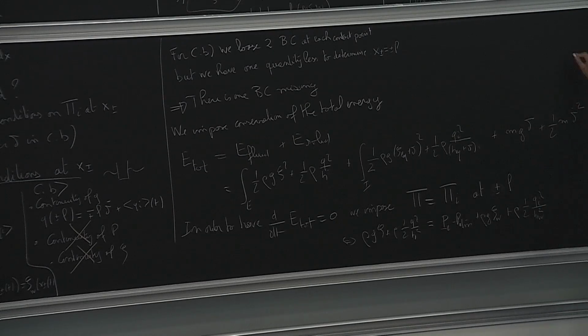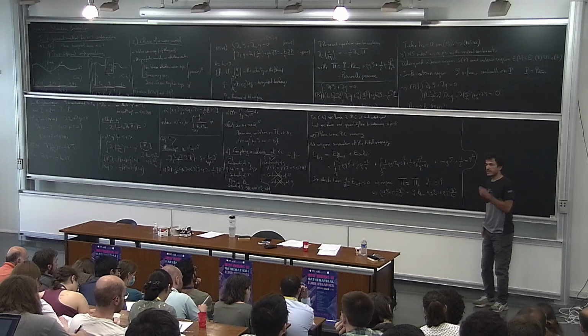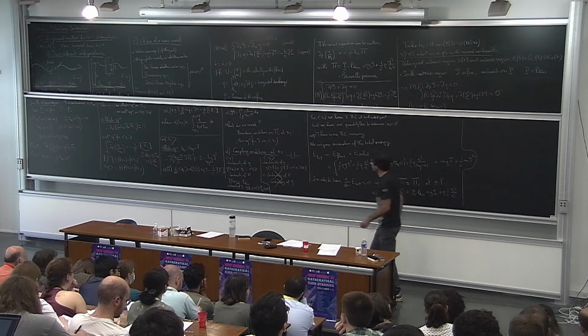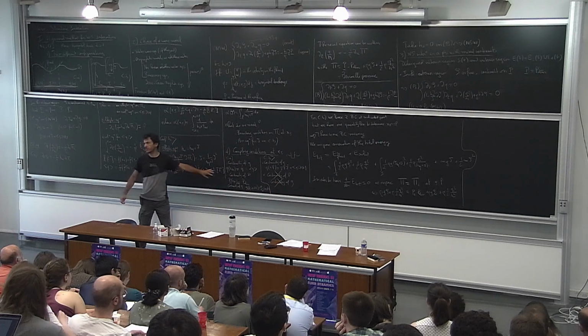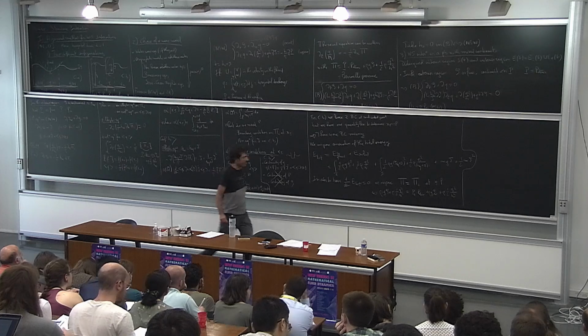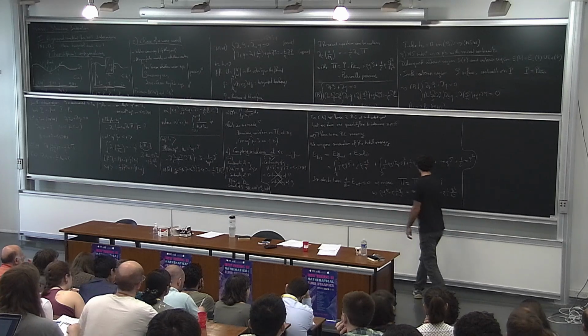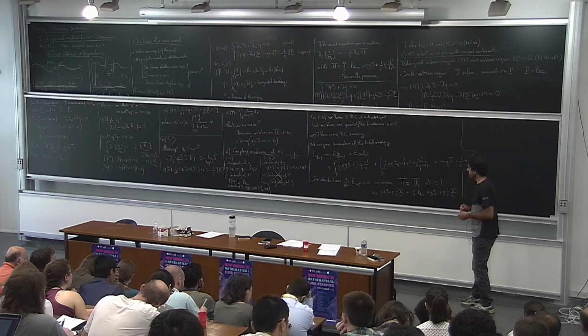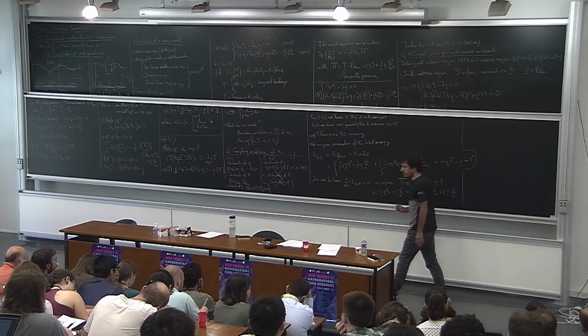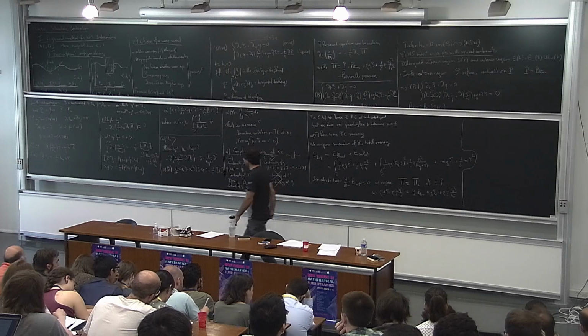Okay? But it's simpler to write it like this. And of course, you can check that all these conditions imply the continuity of the Bernoulli pressure. If you have that P is continuous, rho is continuous, and Q is continuous, then pi is continuous. Okay? So this is the missing boundary pressure condition.